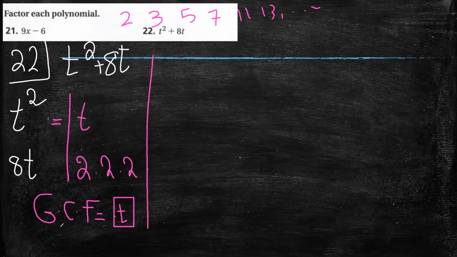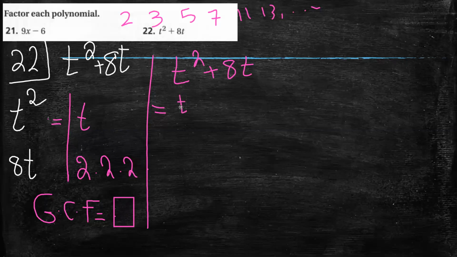So after that now, I will say that t squared plus 8t is equal to, we found that the GCF is t. So what we have to do, take the GCF that I found and put it here.